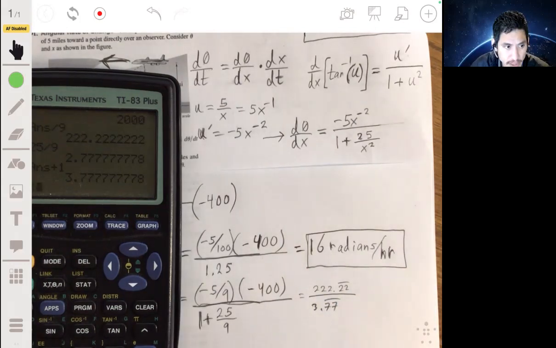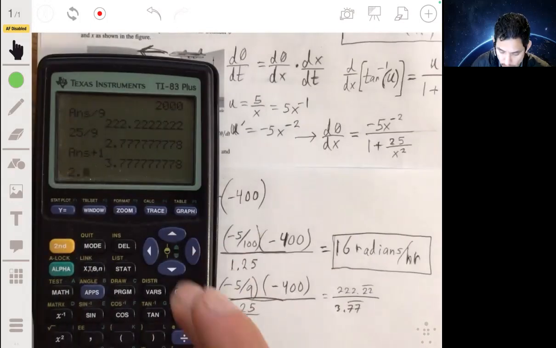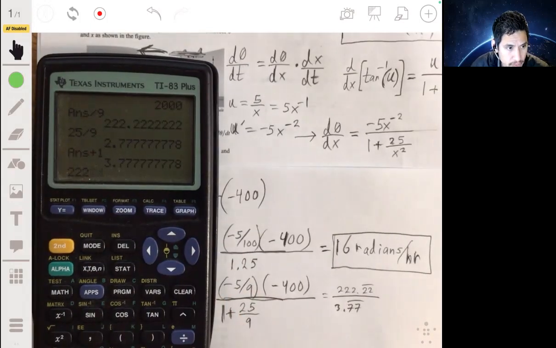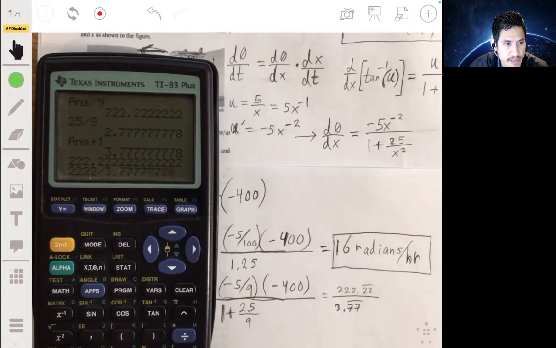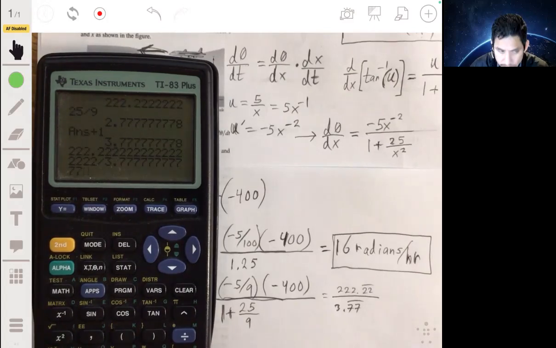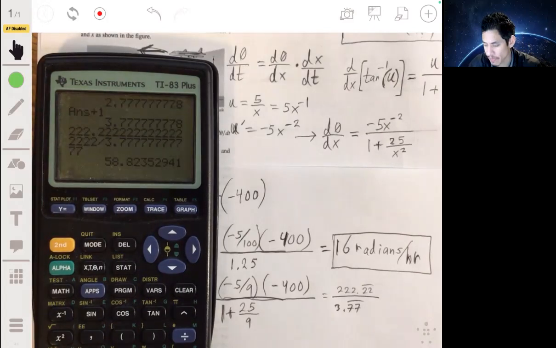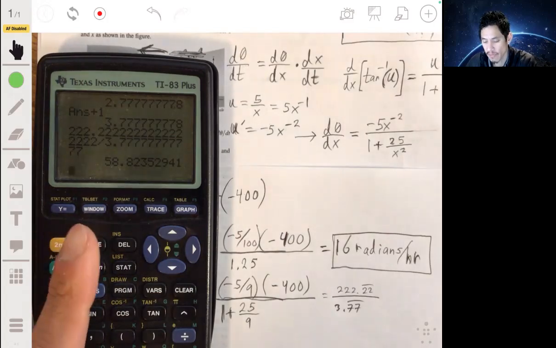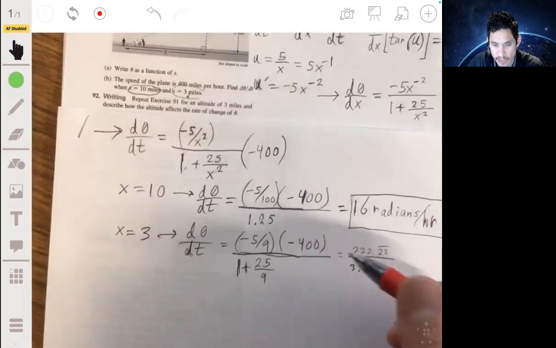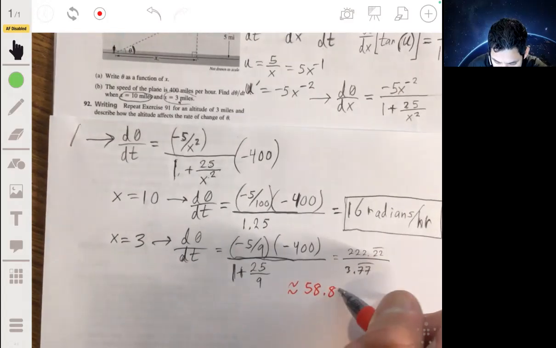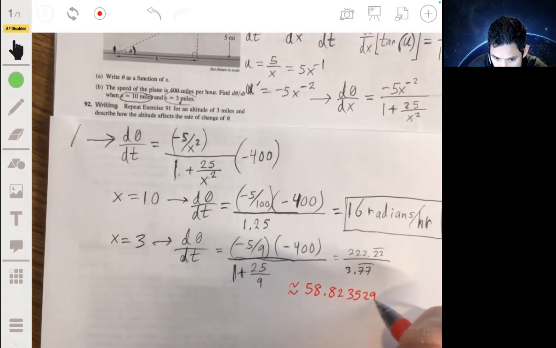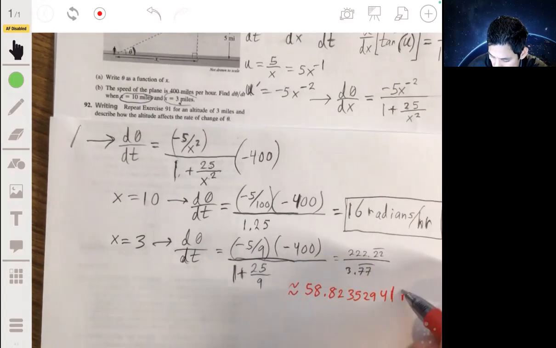So hopefully I didn't make a mistake. 2, 2, 2, 1, 2, divided by 3.77777. And we get about 58.8235, which is just about right. 58.82352941. And again, radians per hour.